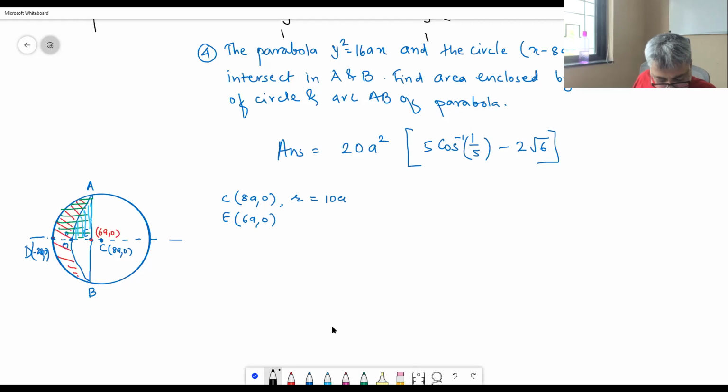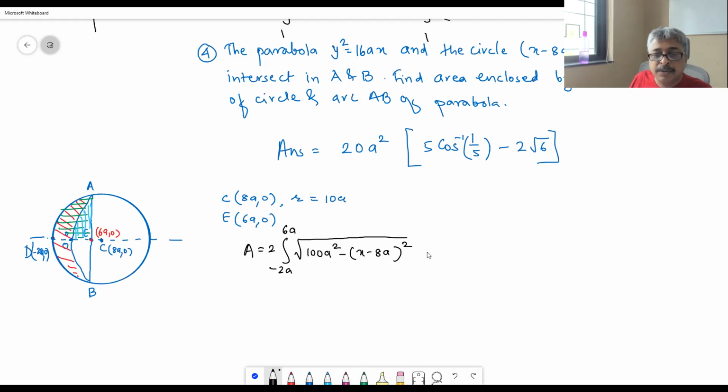And therefore the required area is going to be 2 times the integral from minus 2a to 6a of the radical of the equation of the circle put in explicit form, radical 100a square minus (x minus 8a) whole square.